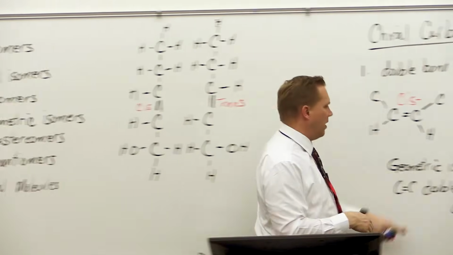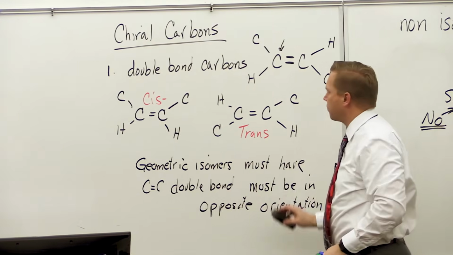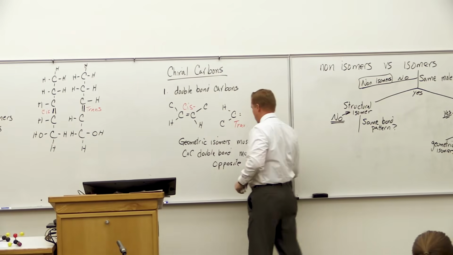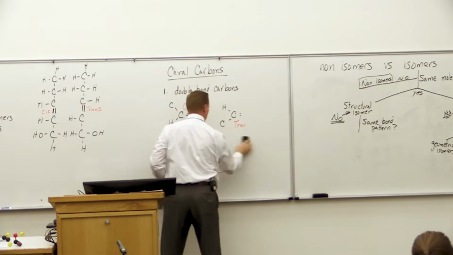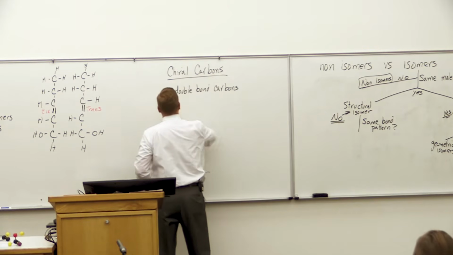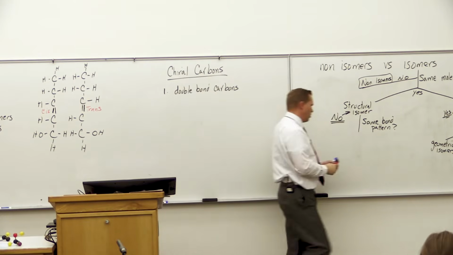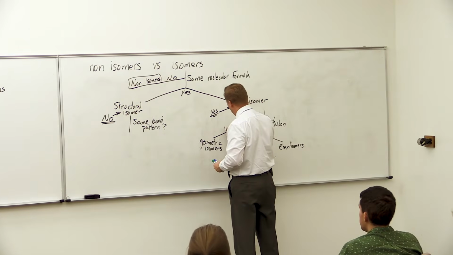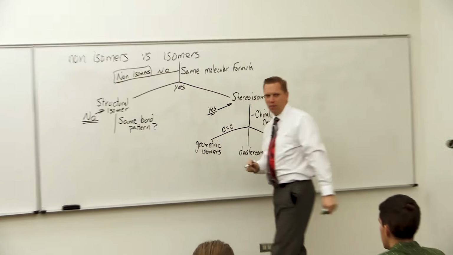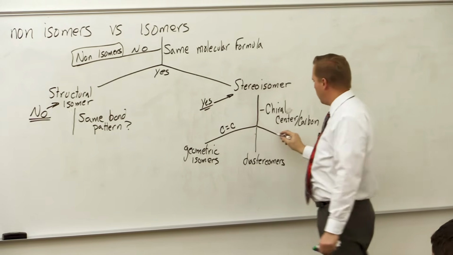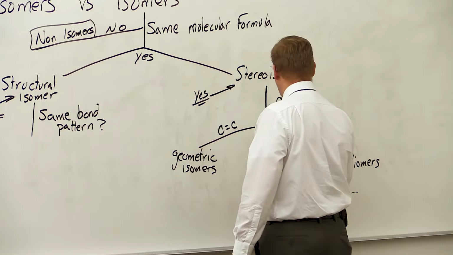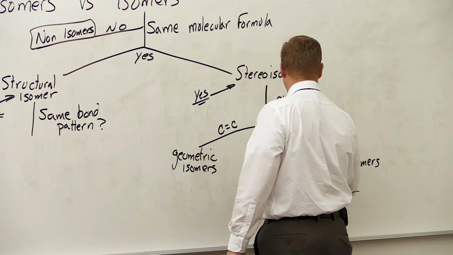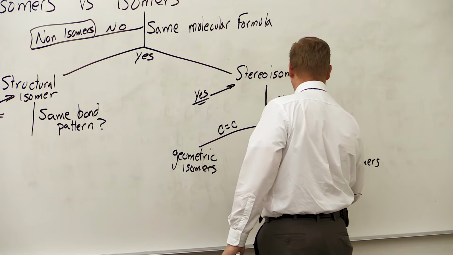Now, that was one type of chiral carbon. Let's talk about the second type of chiral carbon that we might see. And this is going to be the basis for our other two words then. So up here, we learned on this branch, we were looking at carbon-carbon double bonds. On these two branches, we are going to be looking at what we call asymmetric carbons.